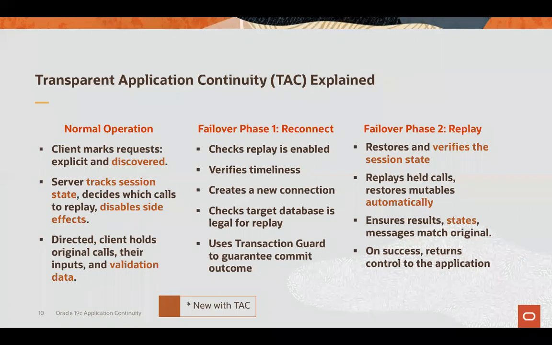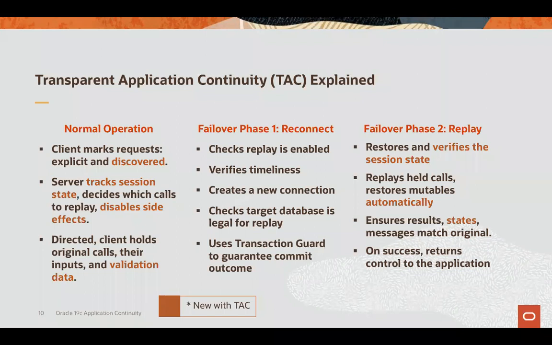And it tracks that request and the session until the final transaction is committed on the database and the confirmation message is received. So the application is notified with the FAN services, via the ONS, Oracle Notification Services, that the transaction has been successfully applied on the database. So this is the normal operation.